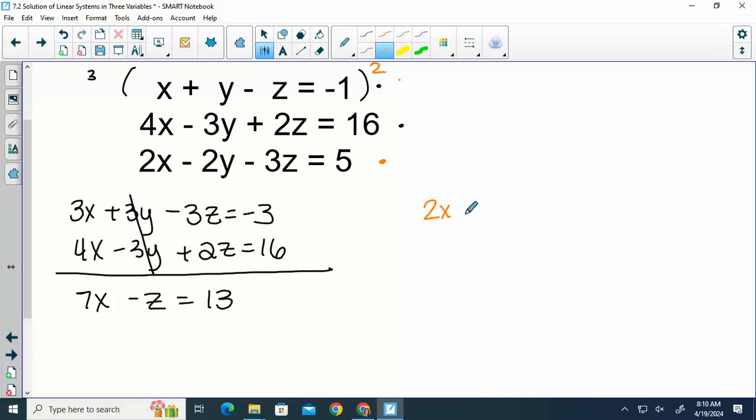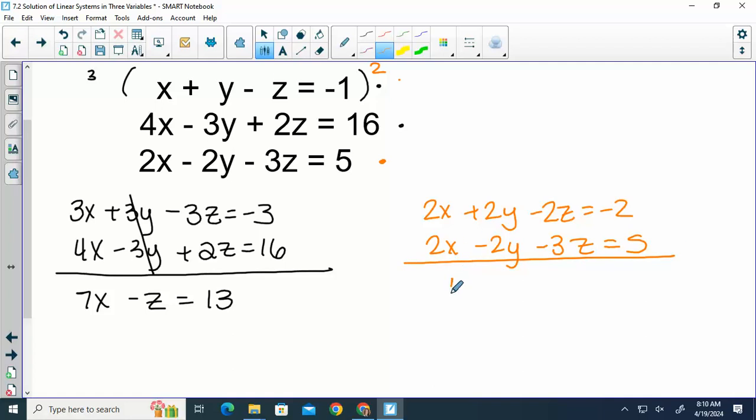So I have 2x plus 2y minus 2z equals -2, and my third equation. When I put those together, we get 4x minus 5z equals 3.